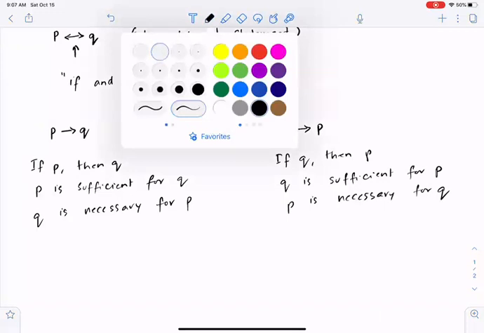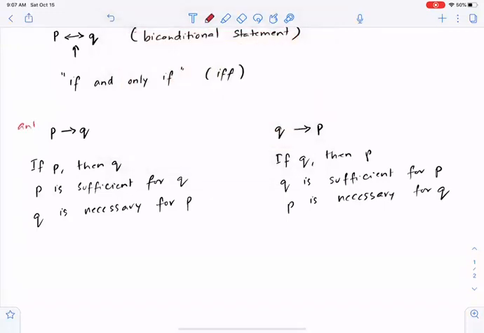So in the first case, antecedent is P, consequent is Q. Second case, Q becomes the antecedent, P is the consequent.